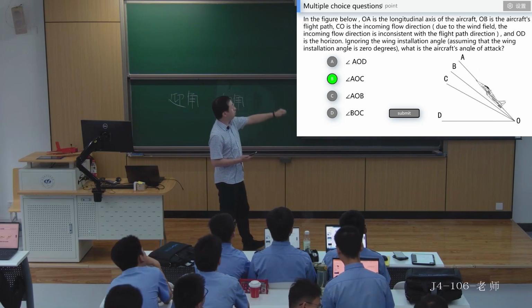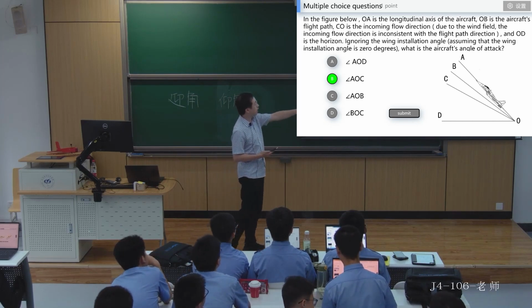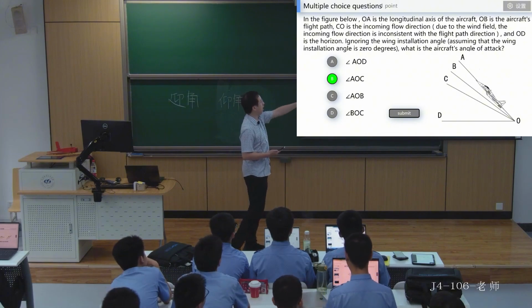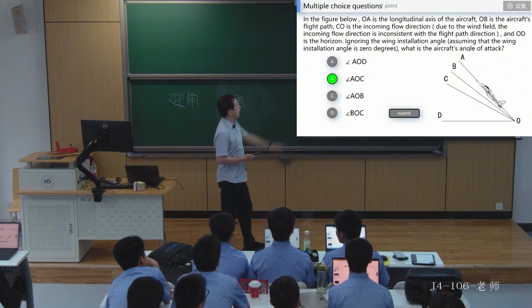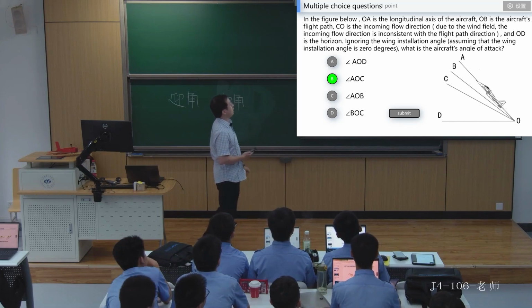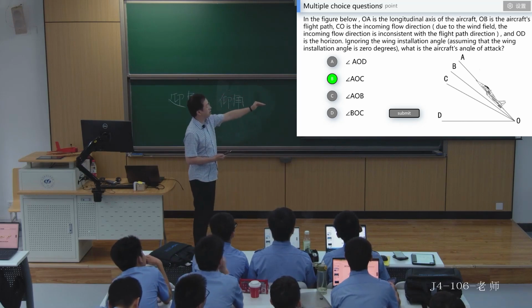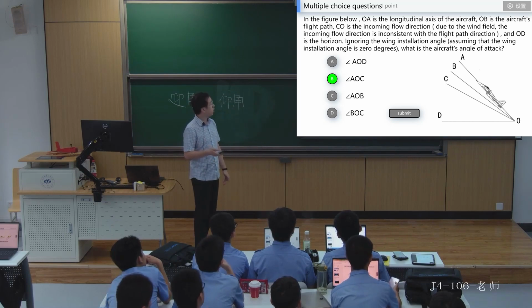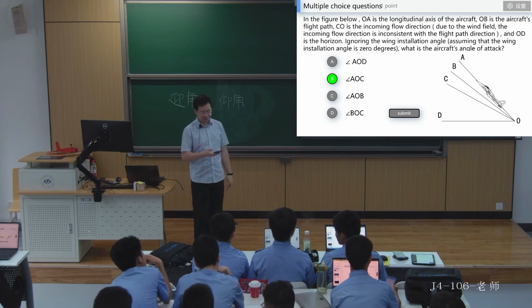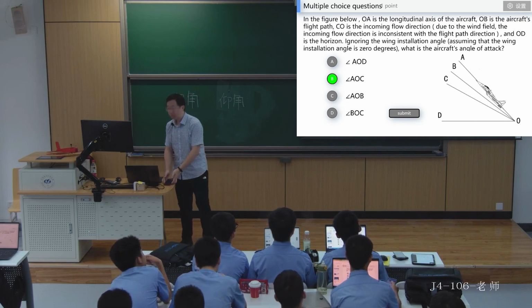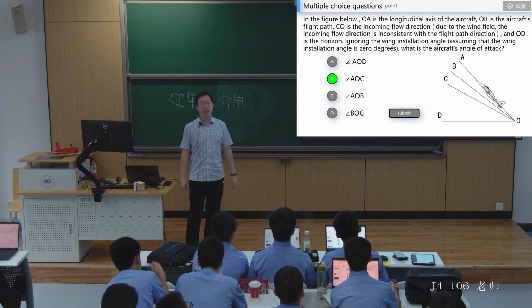OB refers to the direction of the flight path, and CO refers to the direction of the incoming flow. OD represents the horizon, top. Now, assuming we ignore the angle of the wings, which angle represents the angle of attack when the aircraft is flying? Students, please take 1 minute to answer this. Let's see if you have understood the concepts we discussed.